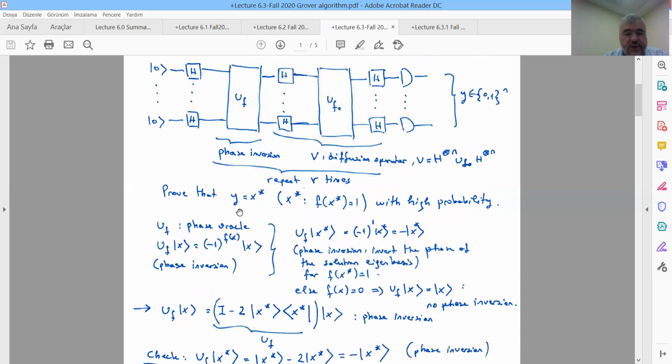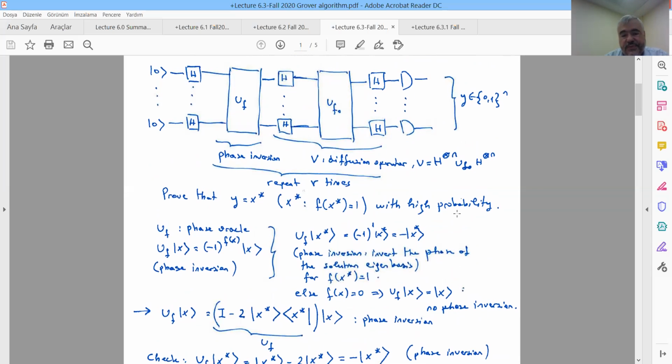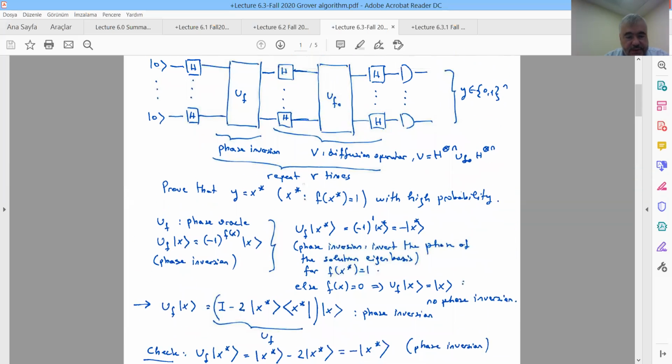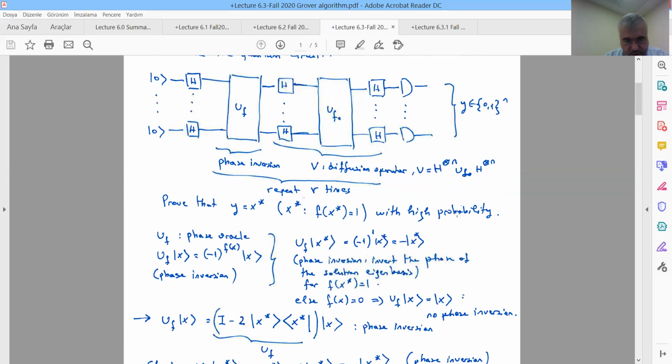We are, in other words, proving that the output Y equals X star, where X star is the X that satisfies f of X prime equals 1 with high probability. So we'll prove this. Typically we just follow the circuit.